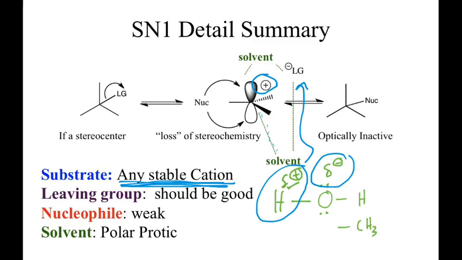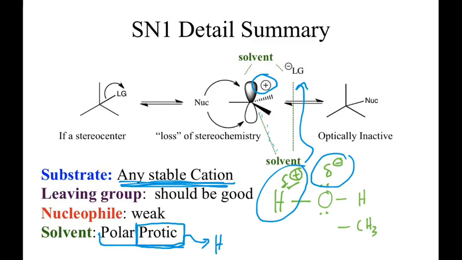Okay, so again, go back to the slides that were posted for Monday's lecture, and make sure that you can look at a solvent and decide if it's protic or not. We don't really care about the polar part, because if it's protic, it's polar, period. So, real quickly, what does protic mean?